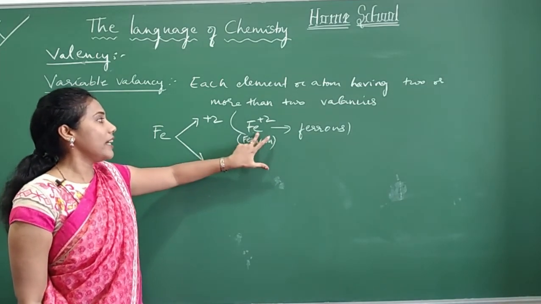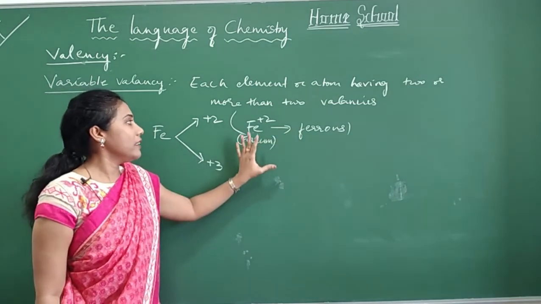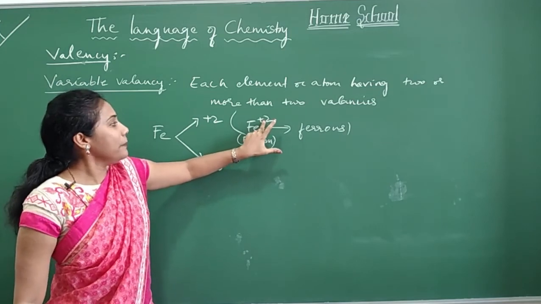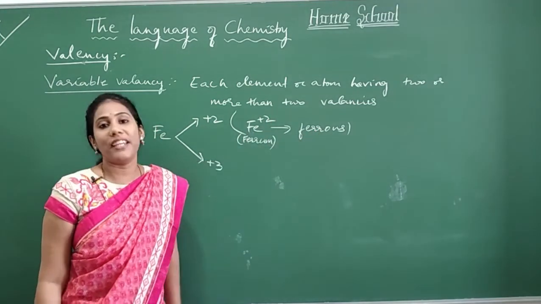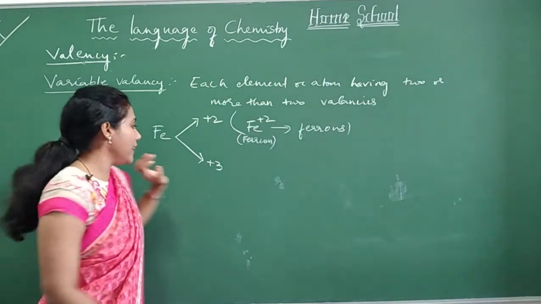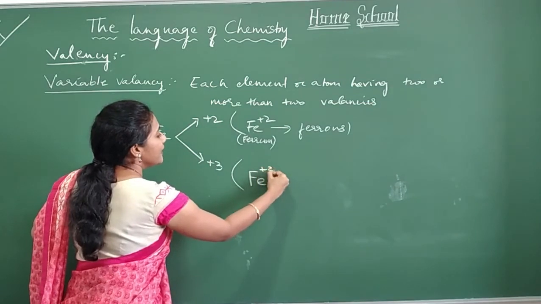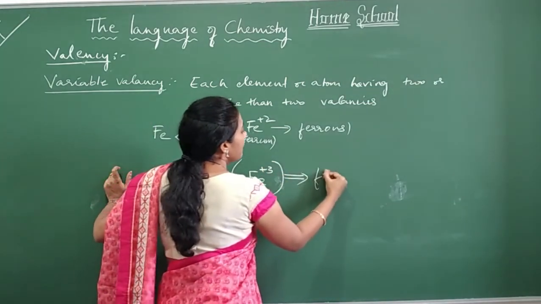Latin name for iron is ferrum. So Fe, the first two letters we have taken for the symbol. So when it is having a +2 valency, we will call the iron with the name ferrous. It is ferrous ion. And when it is having +3, we write iron as Fe +3, and it can be called with the name ferric.